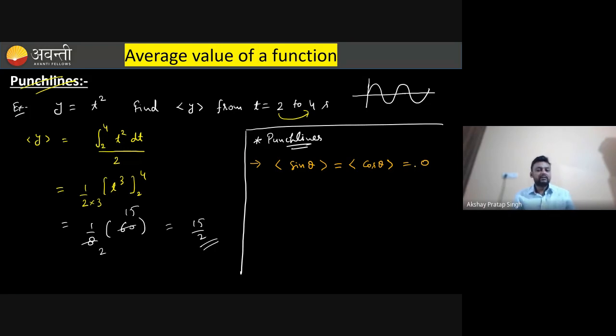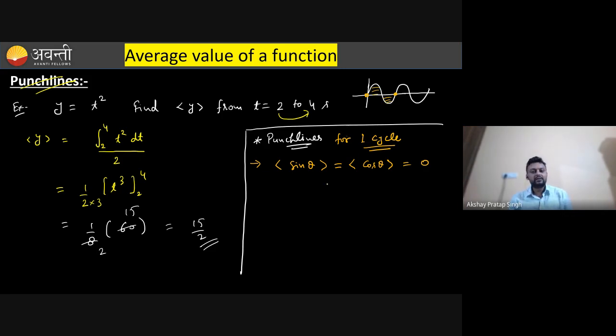Again, remember my words. I am saying the average value of sine theta and cos theta both are zero. For what time? For one complete cycle. I hope you know the meaning of a cycle. Like this is the starting point, and here one cycle is completed.